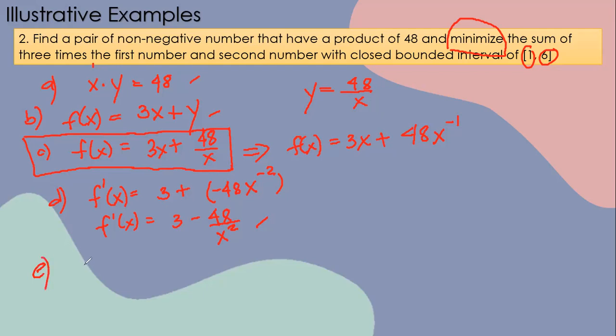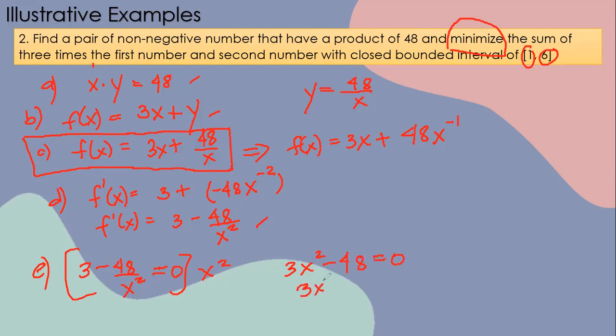Letter E, we have to find the critical point by equating the first derivative to 0. So 3 minus 48 over x squared, that is equal to 0. So multiply lahat natin sa x squared. So we get 3x squared minus 48 is equal to 0.